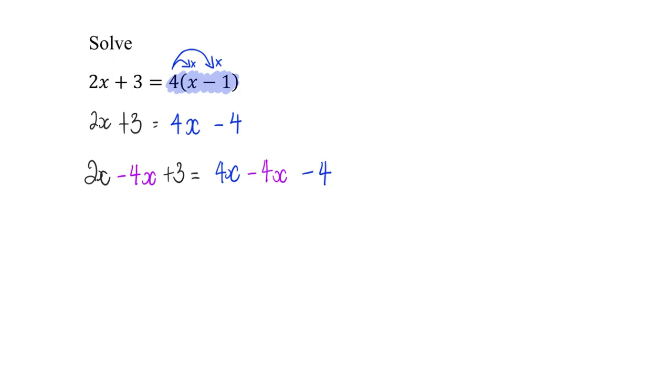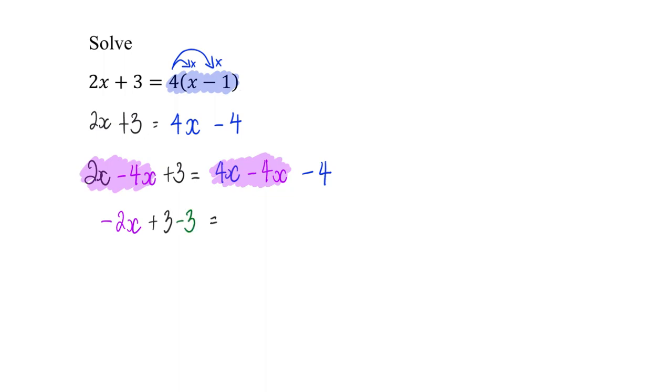Why does Mr. Tan do that? Mr. Tan does that because this will eventually give me 0. While here, 2x minus 4x will give me -2x. Well, I still have my positive 3. So what do you think we can do to this 3? Yes, we are going to minus 3.